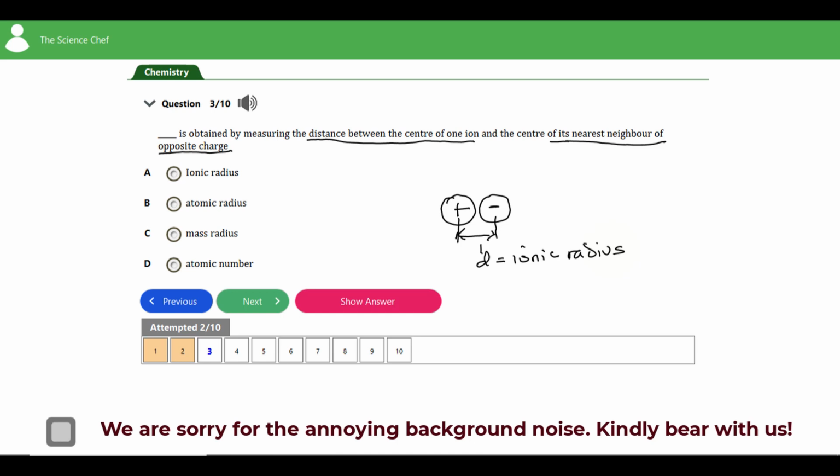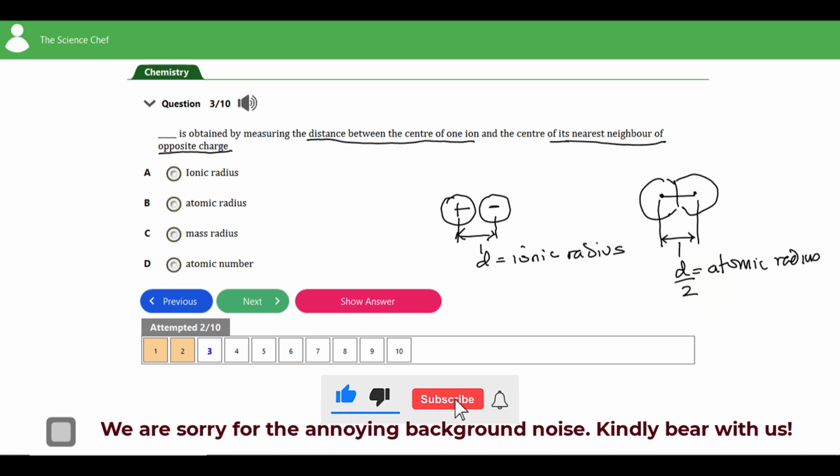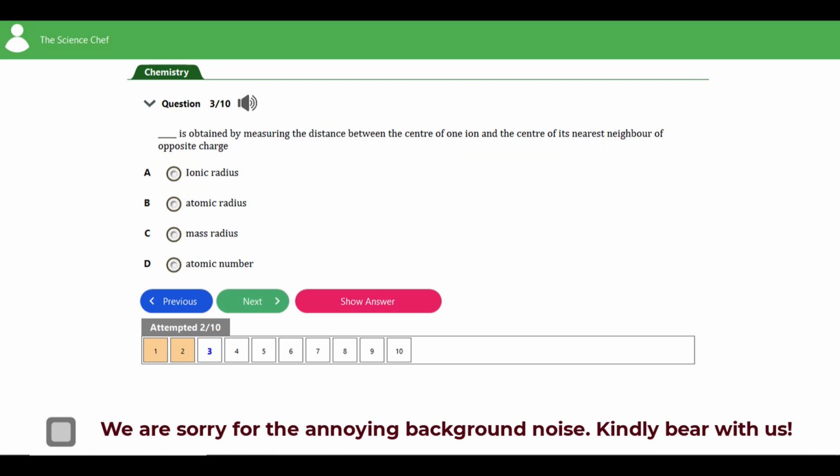But if they were covalently bonded, half this distance will be the atomic radius. Then mass radius, I don't know what mass radius is. And then D, atomic number: the number of protons present in the nucleus of an atom. So the answer to this question is A, ionic radius.